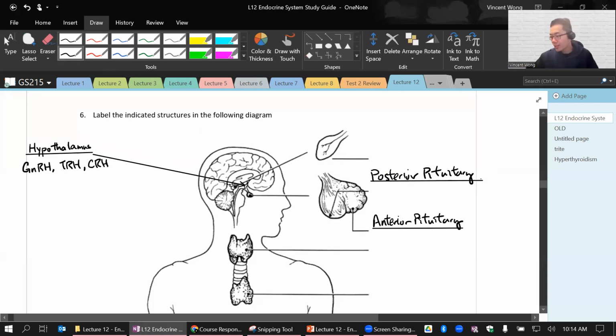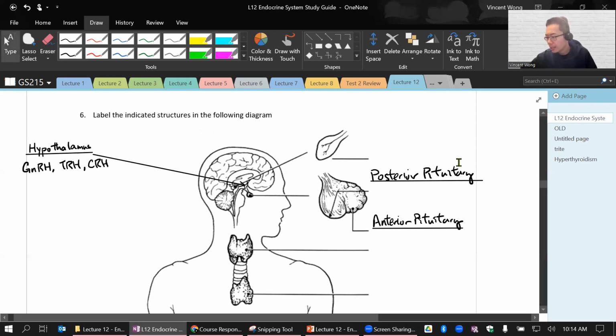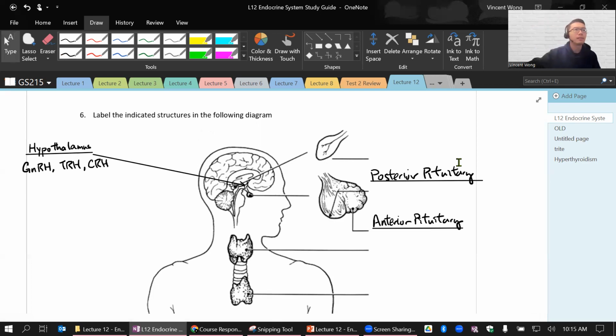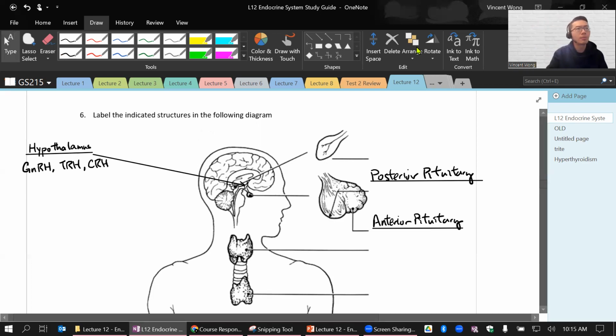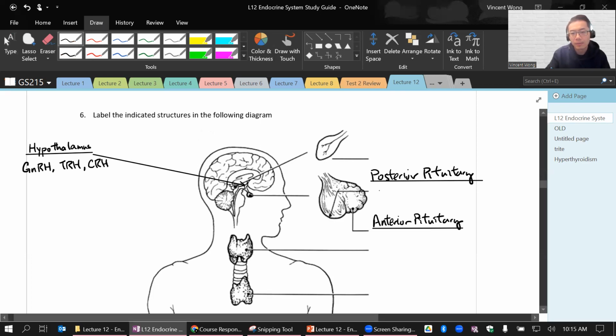I know I've asked you this a million times already, but can you tell me what hormone comes out from the posterior pituitary? Anybody? Oxytocin. Yeah, oxytocin. What's the other one? Sorry, Leah? ADH. Yes, that's right. So we have ADH here and oxytocin.